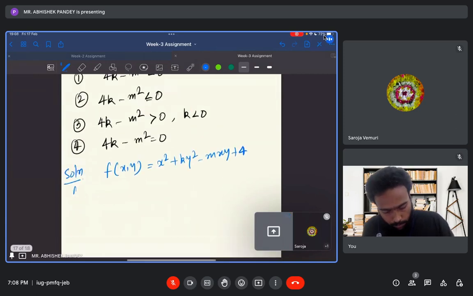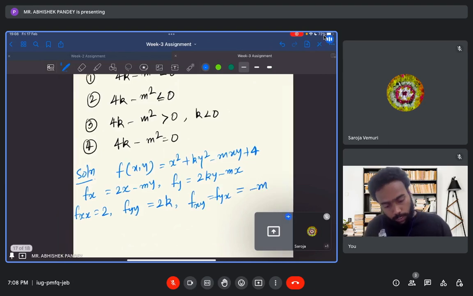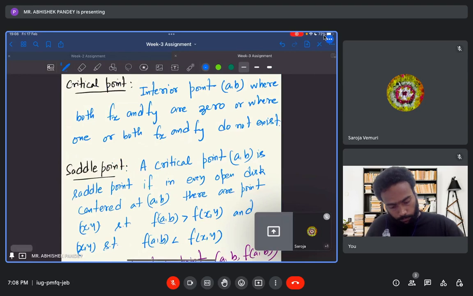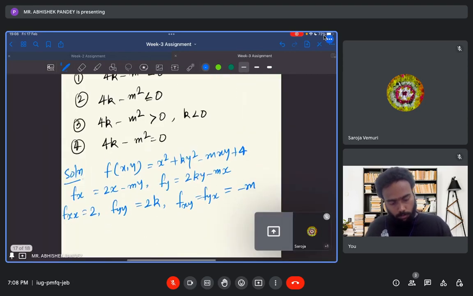Okay, so fx is 2x minus my, fy is 2ky minus mx, fxx is 2, fyy is 2k, fxy equals fyx equals minus m.